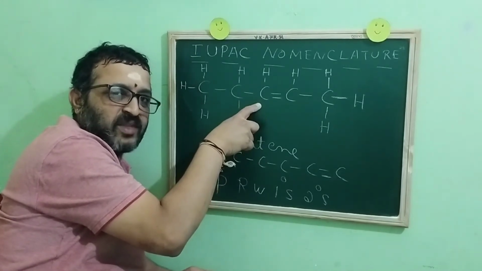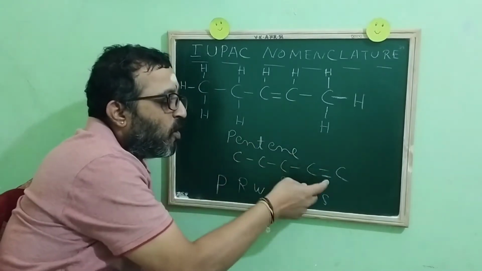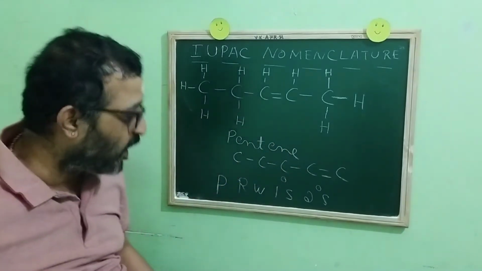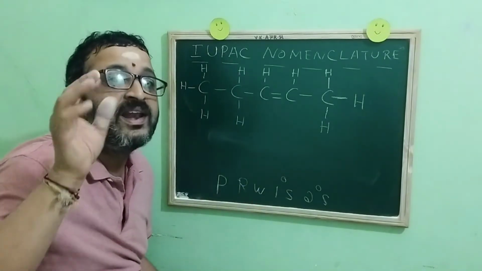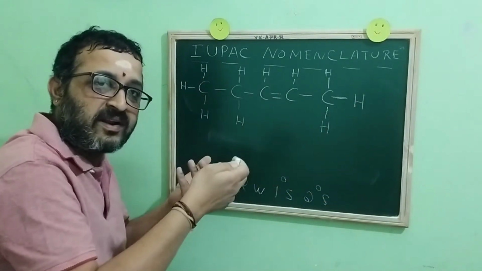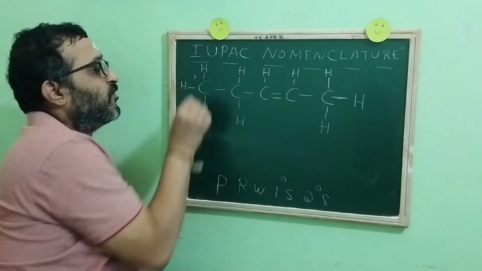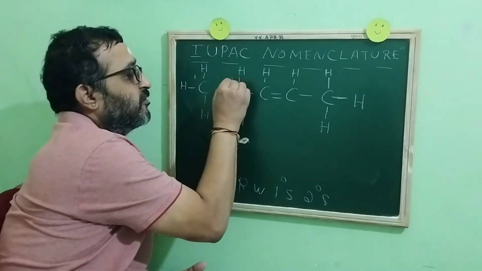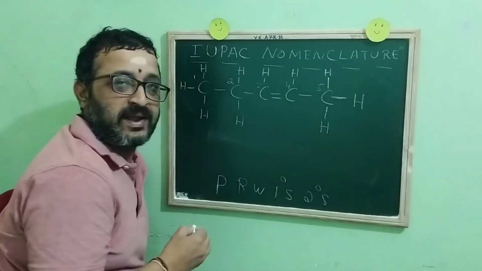Just think. No. Because the position of the double bond in both the compounds are what? Different. Now, what we are supposed to do is that we have to number the carbon atoms either from right to left or left to right. When I number from left side, I will number this carbon as 1, this will be 2, this will be 3, 4 and 5.